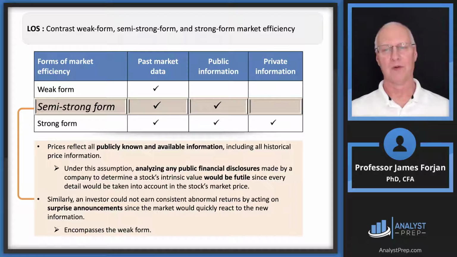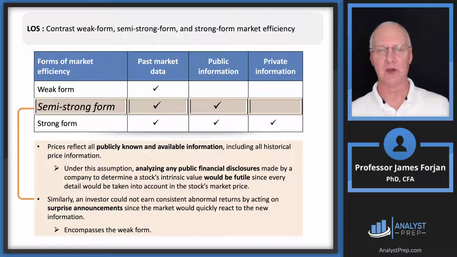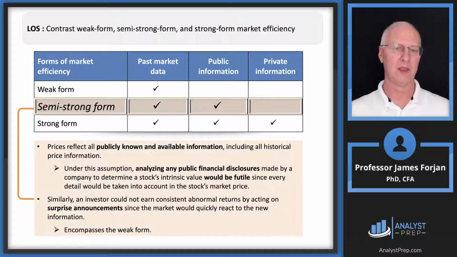And so what we're saying here is Eugene Fama suggests that if you form a portfolio based on a strategy of selecting firms based on public information, like dividend yields, you might say, I'm going to select 30 stocks that all have an increase in their dividend yield of at least 20% over the last 2 months or something like that.